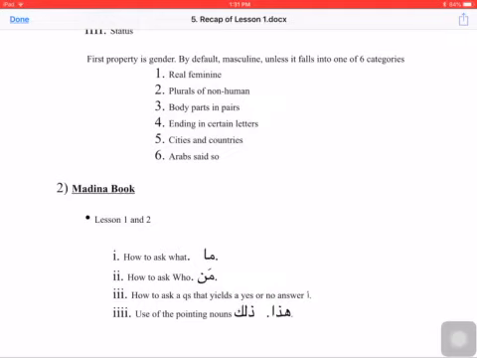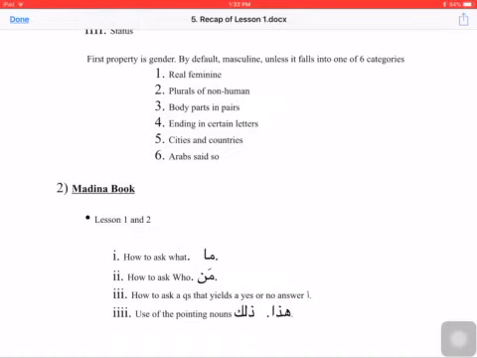By default, every ism is considered muzakkar unless it can prove that it is mu'annath by falling into one of the 6 categories. Either it's referring to a real female, the creation has a gender, female gender, or the word is a plural of non-human, or it is a body part which occurs in pairs in the body, or the word has certain letters at its end like ta marbuta.